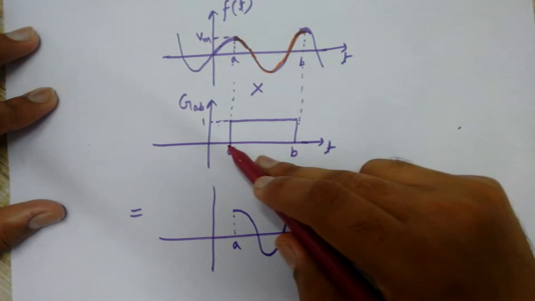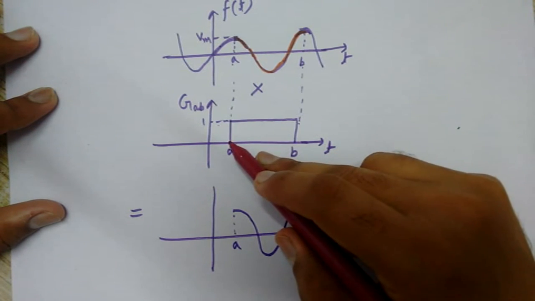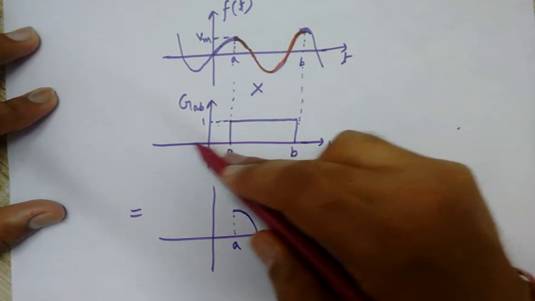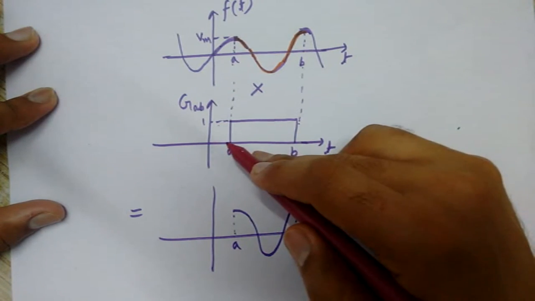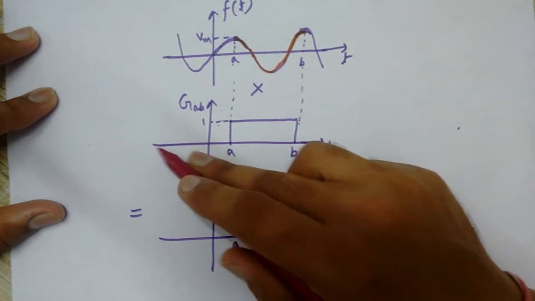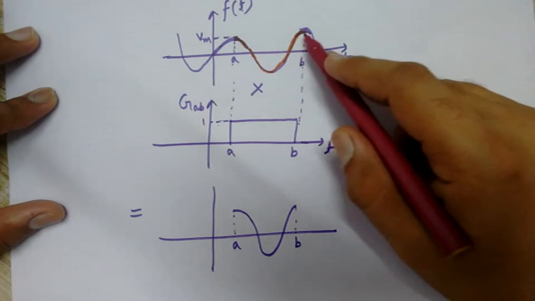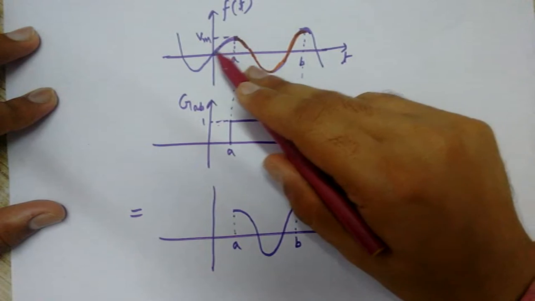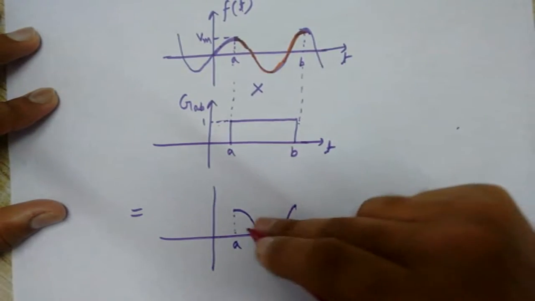So you can see at all the values which are less than a, since the gate signal is 0 for all the values less than a and greater than b, the resultant signal is 0 there.